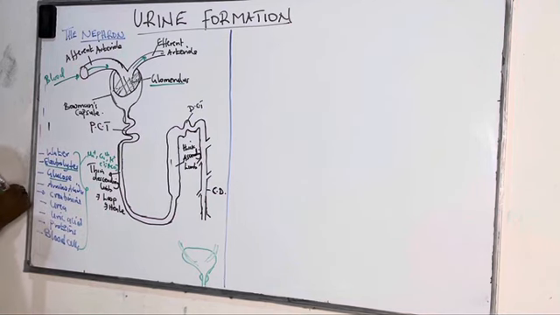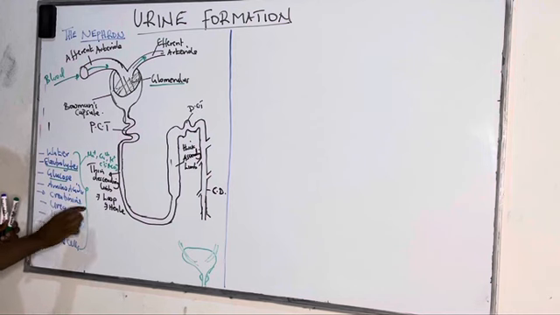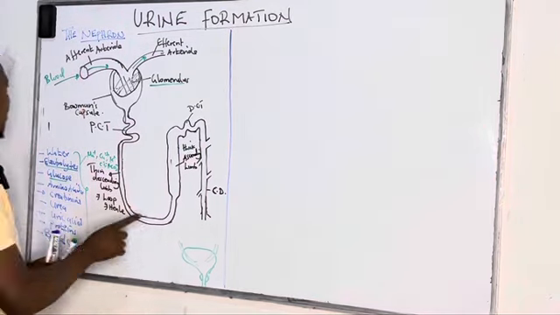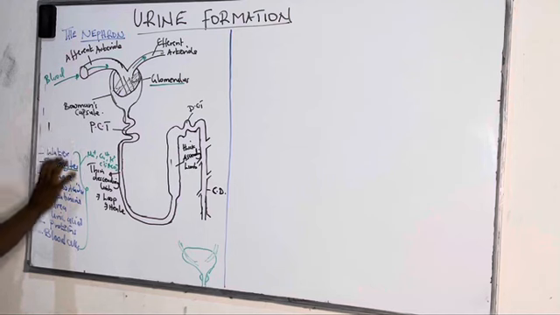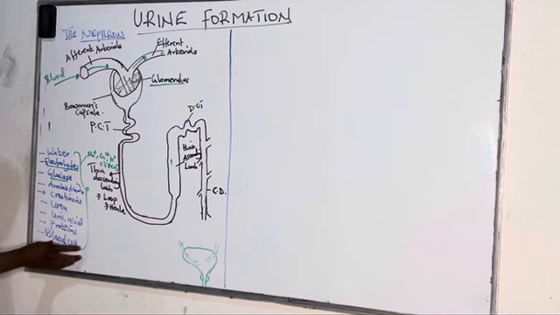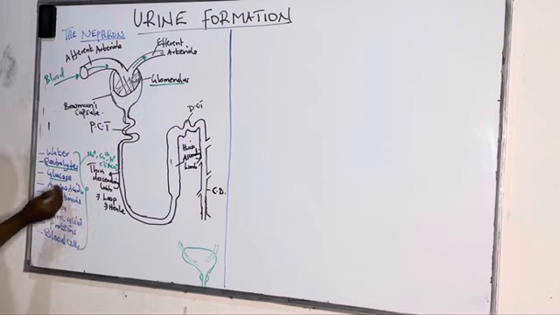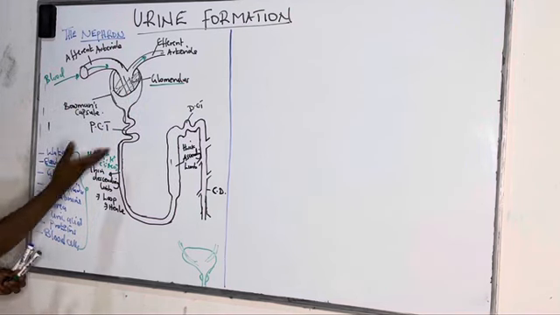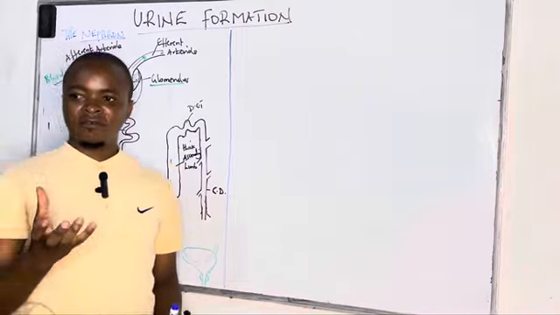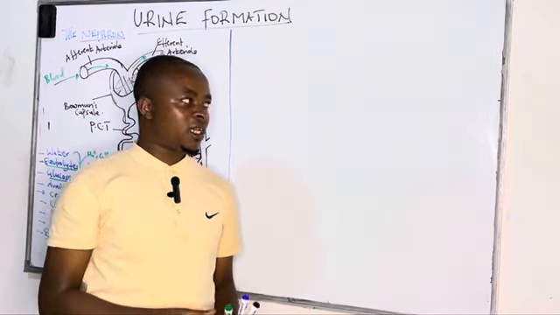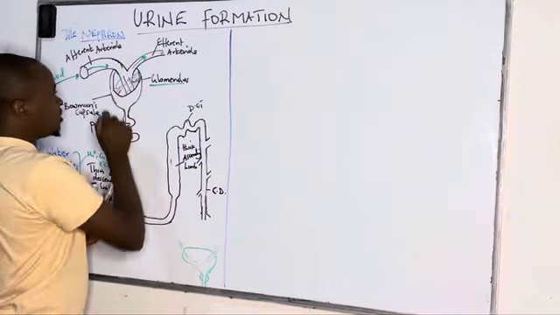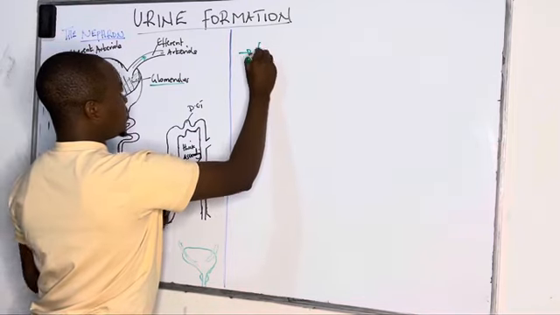It contains glucose, amino acids, then the waste products of metabolism like creatinine, urea, uric acid, then proteins and blood cells. So this is the blood that is entering via the afferent, containing all these compounds, which we have listed below. So when blood reaches the glomerulus carrying all these compounds, the glomerulus is like a sieve, whereby it filters.